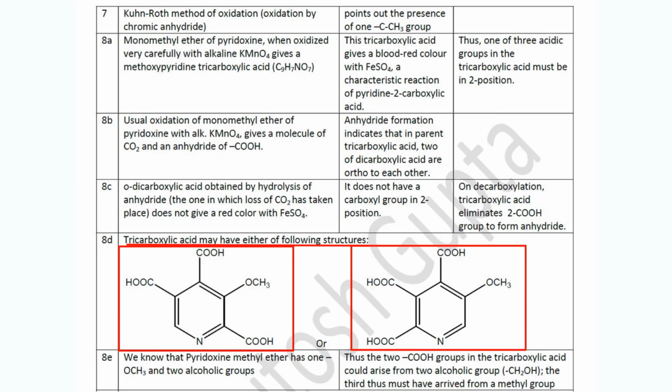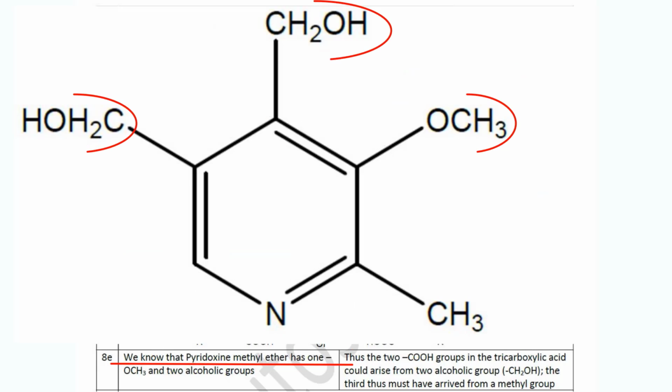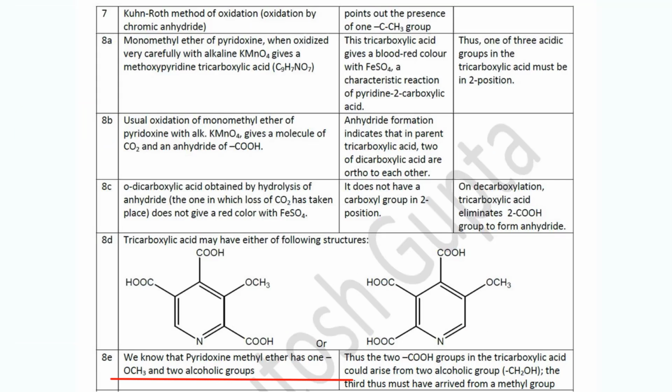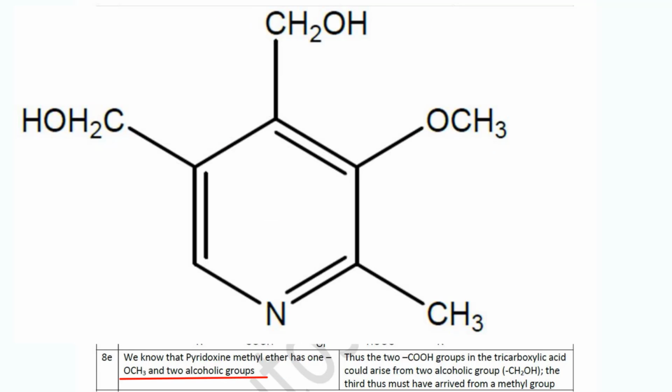The tricarboxylic acid may have either of the following structures. We know that pyridoxine methyl ether has one OCH3 and 2 alcoholic groups. Thus, the 2 COOH groups in the tricarboxylic acid could arise from the 2 alcoholic groups.